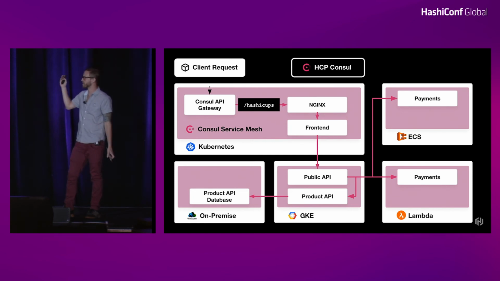It could be ECS, Lambda, on-premise, whatever. It really doesn't matter as long as you build it in such a way that the resilience makes sense and it works for you. Multi-platform Consul is essentially what enables this and can run on all these different runtimes.